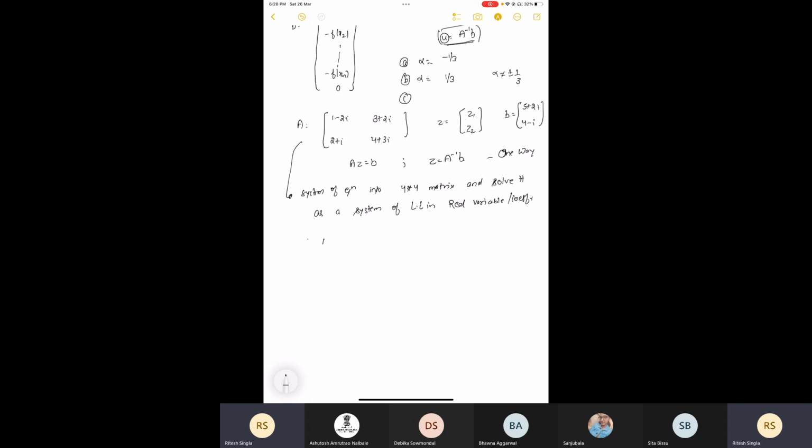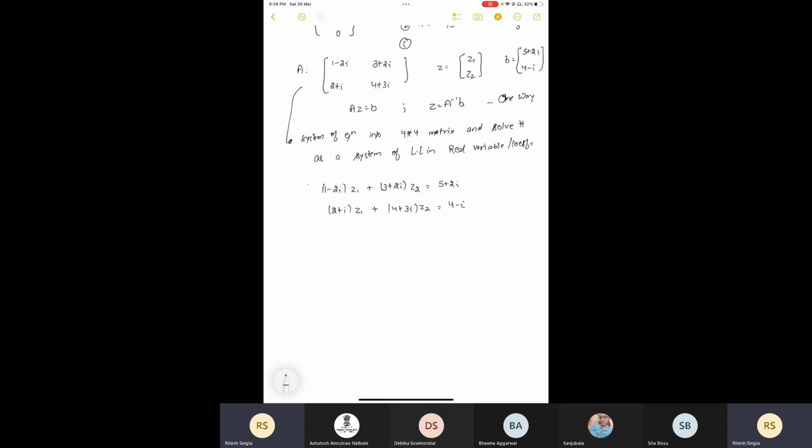So we have the equations (1 minus 2i) z1 plus (3 plus 2i) z2 is equal to 5 plus 2i, and (2 plus i) z1 plus (4 plus 3i) z2 is equal to 4 minus i.